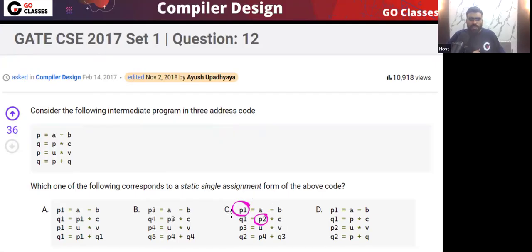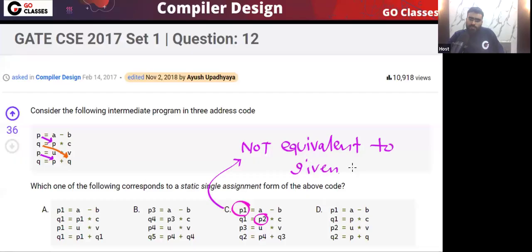Remember, you should use this P here, and similarly, this Q you should use here. So you can see there is a problem. This is not equivalent to the given program.